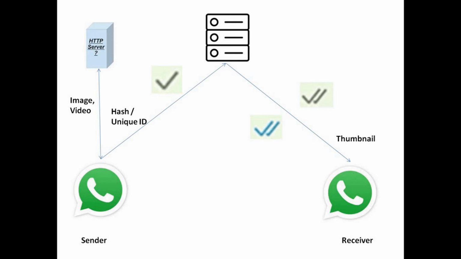If you ignore it, it will never be downloaded to your mobile and it will still be in the HTTP server. So it is a bit different from your text message. It's only that the files are stored in a separate server. I hope this is also clear to you, how your multimedia works in WhatsApp.